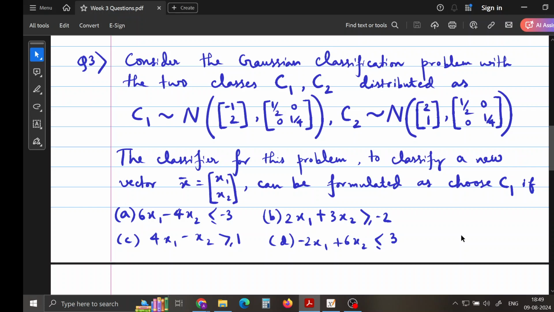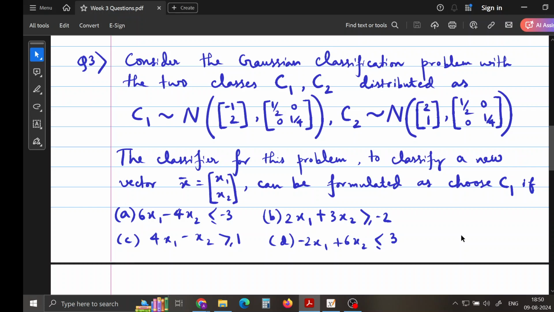Okay, so the task in hand is like you have two classes which are modeled as Gaussian random vectors with some mean vector and covariance matrix, and if you are given a new vector, let's say a new image or whatever that could represent anything, and your task is to classify that new vector into one of these given classes, whether it belongs to C1 or C2, which is the right choice.